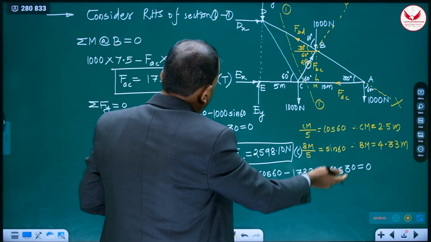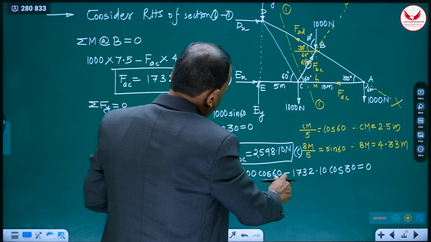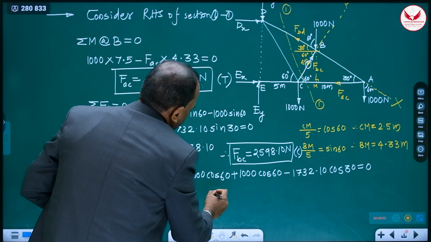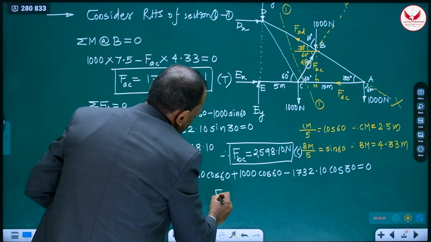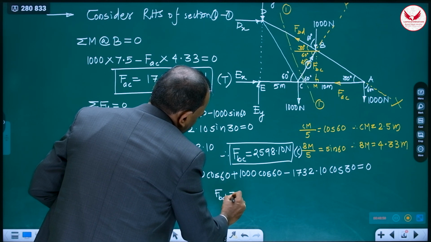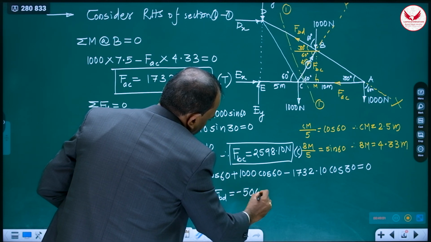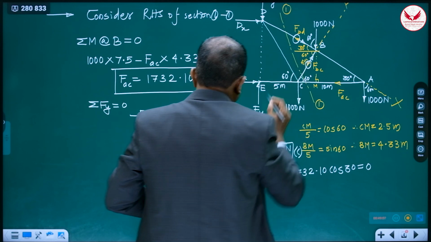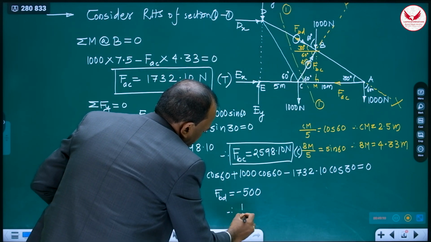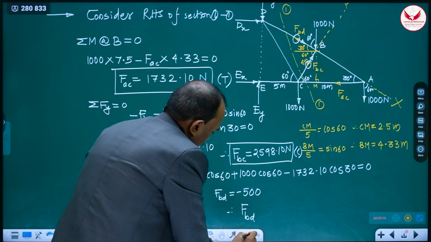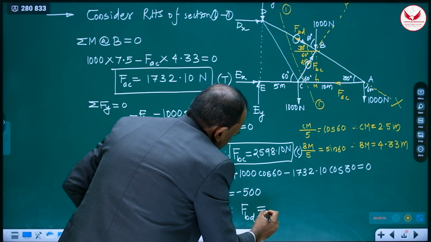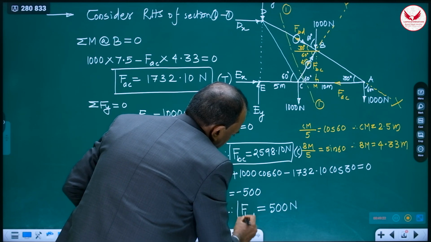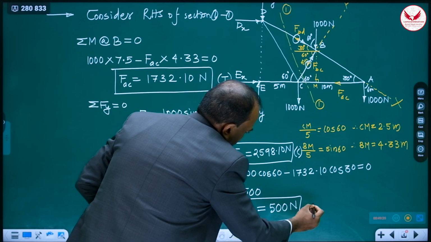Minus, so it is plus, then it is minus 1000 means 500, and the answer will be minus 500. FBD will be minus 500, and if it is minus, that means again this direction is also wrong. So it is compressive. Hence FBD is going to be 500 Newton, and it is compressive.